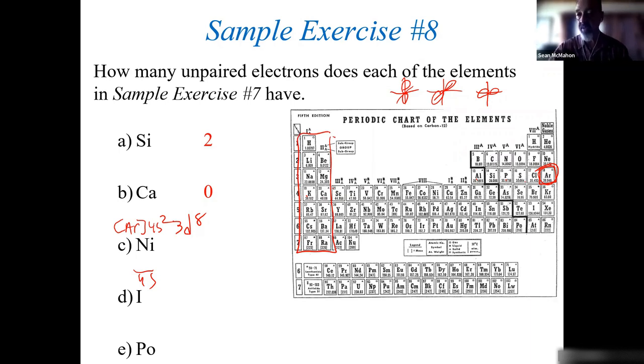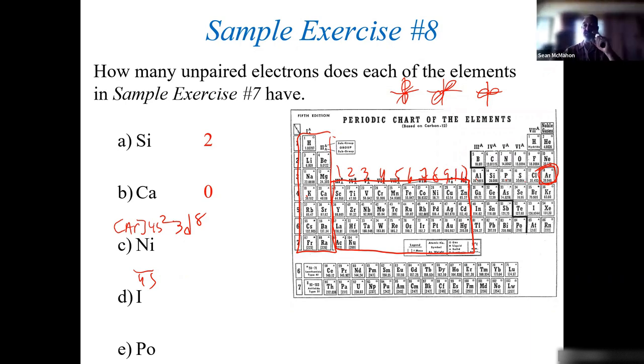How many orbitals in the d sublevel? This is where students get a little tricked up. Don't. If I look at my d block, how many positions? 1, 2, 3, 4, 5, 6, 7, 8, 9, 10.